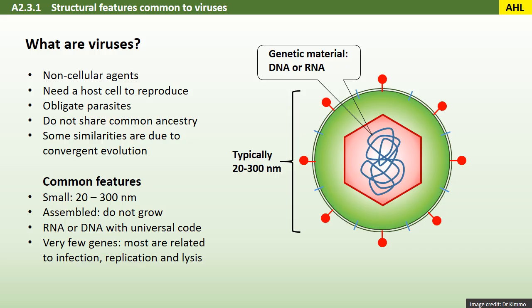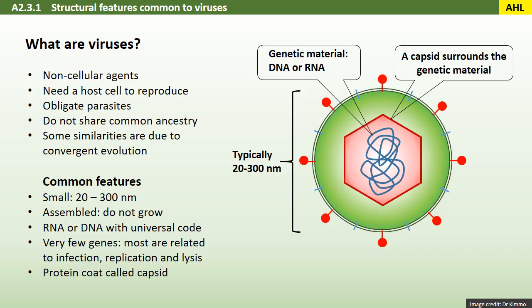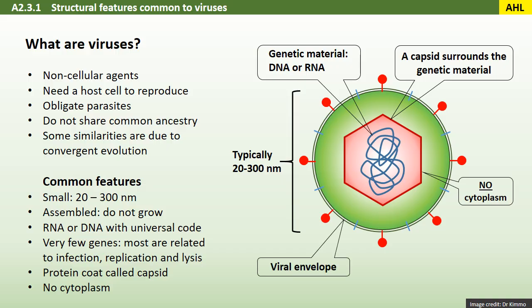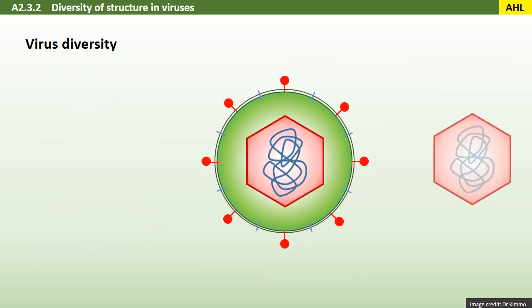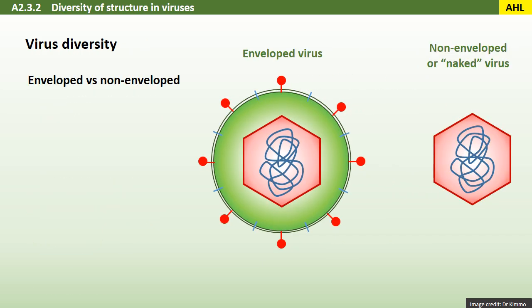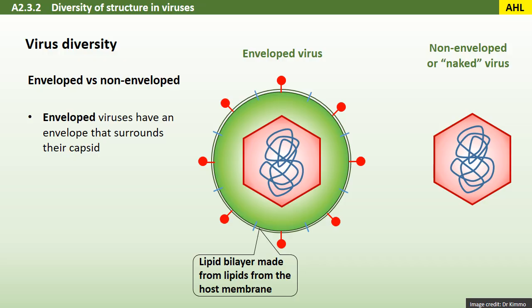They have a protein coat called capsid, and they have no cytoplasm. Some viruses also have a viral envelope with glycoproteins. Let's look at enveloped versus non-enveloped viruses. Enveloped viruses have an envelope that surrounds their capsid.